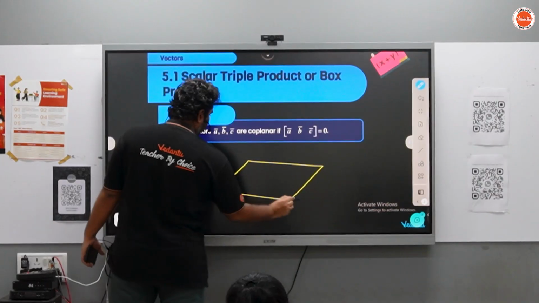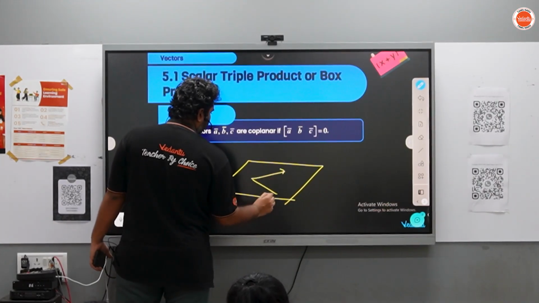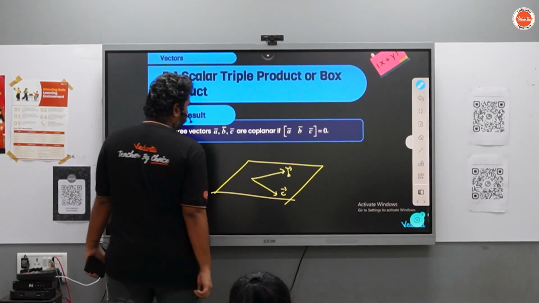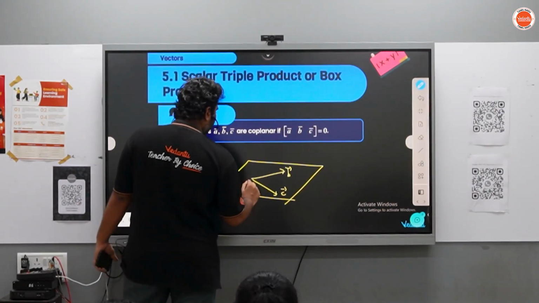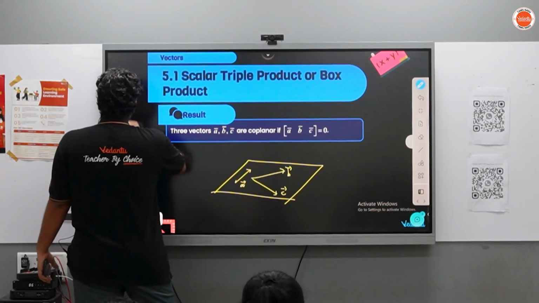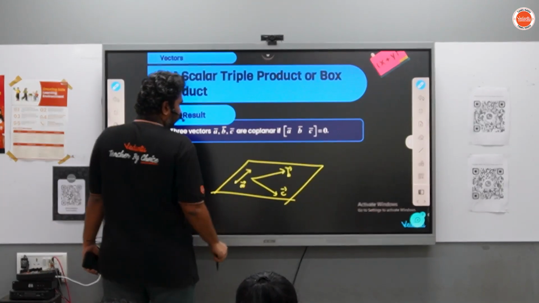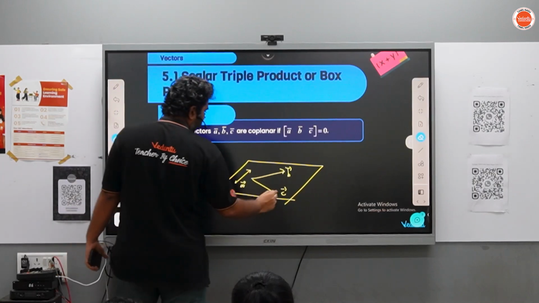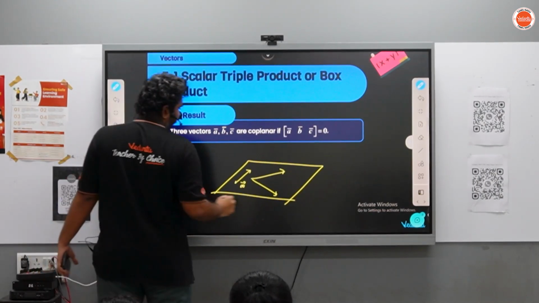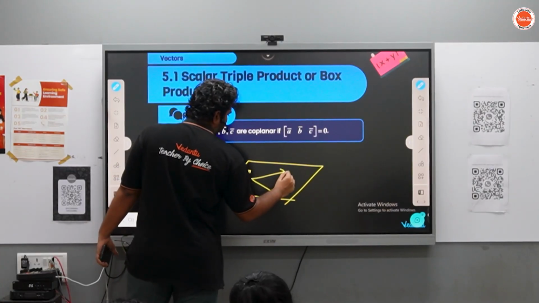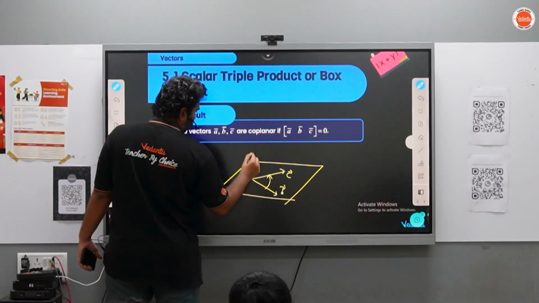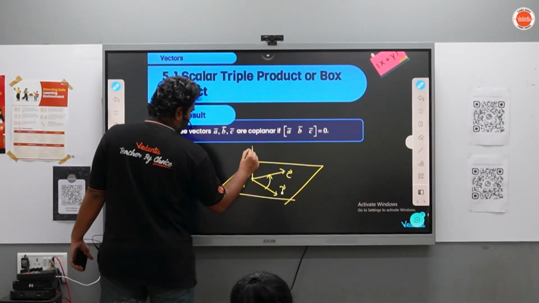When you take a plane, and B and C are in one single plane, and A is also in the same plane, then, using the right hand thumb rule, B vector, C vector, your normal vector will be like this.